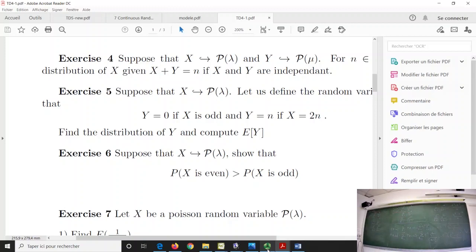a real life example. But here we are going to see, in fact, that the Poisson distribution may be seen as an approximation of the binomial for particular values of the parameters n and p. Okay? So just be careful because there is a little misprint in the statement of the exercise.